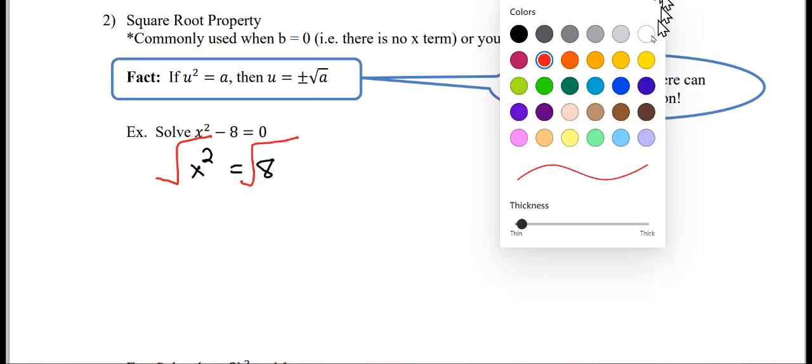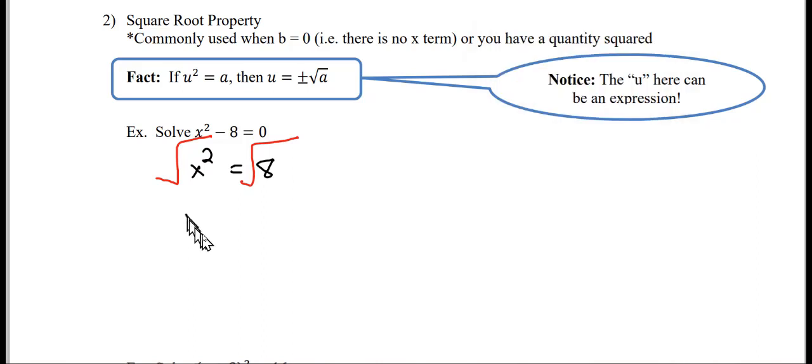That will give us x equals the square root of 8. But I'm missing something up there. What did I need up above? Yeah, the plus and minus. I need to put that on there. So I have a plus or minus root 8, which of course I can simplify into 2 root 2.